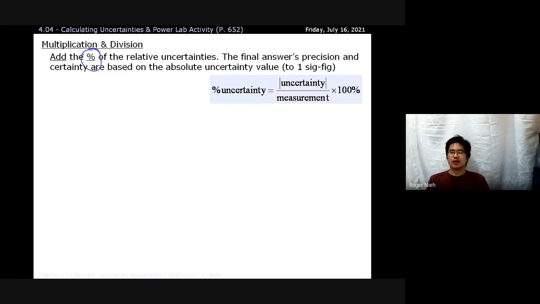Your percentage error, you take that by taking your uncertainty and dividing it by your measurement, and that's how you get your percentage error. Often it helps if we have an example.